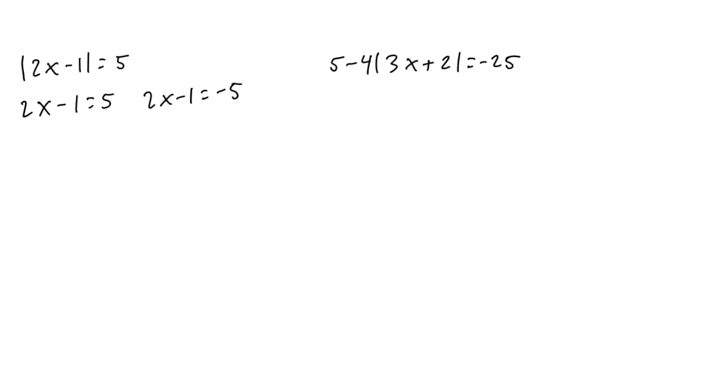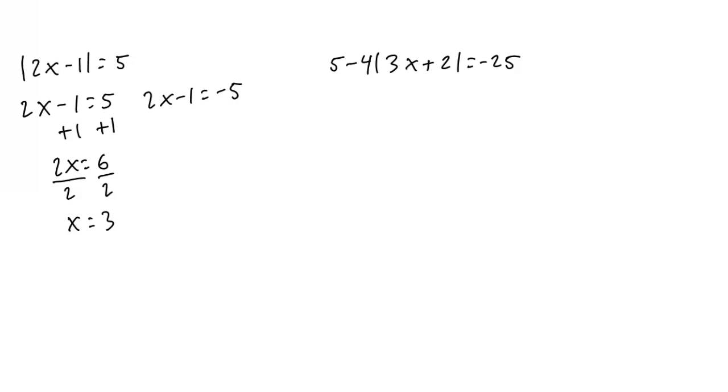And then you solve both equations as normal. So we add 1 to both sides, and we get 2x equals 6. Divide both sides by 2, and we get x equals 3. However, there's a second equation we also need to solve.